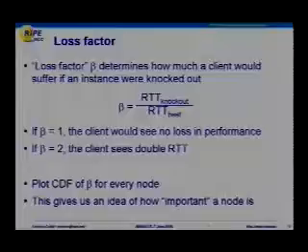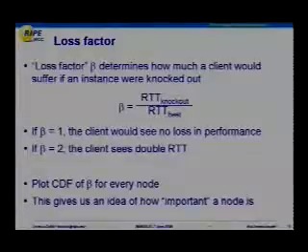So for every client, we have a value of beta for every node. Suppose a client's performance would worsen by a factor of 2 if the Amsterdam node didn't exist. Well, then in that case, the beta for that client for Amsterdam is 2.